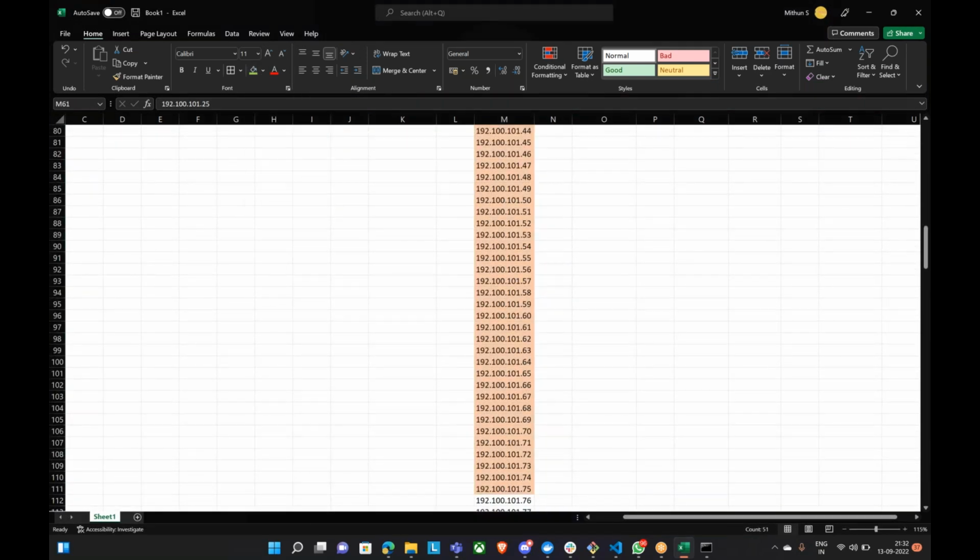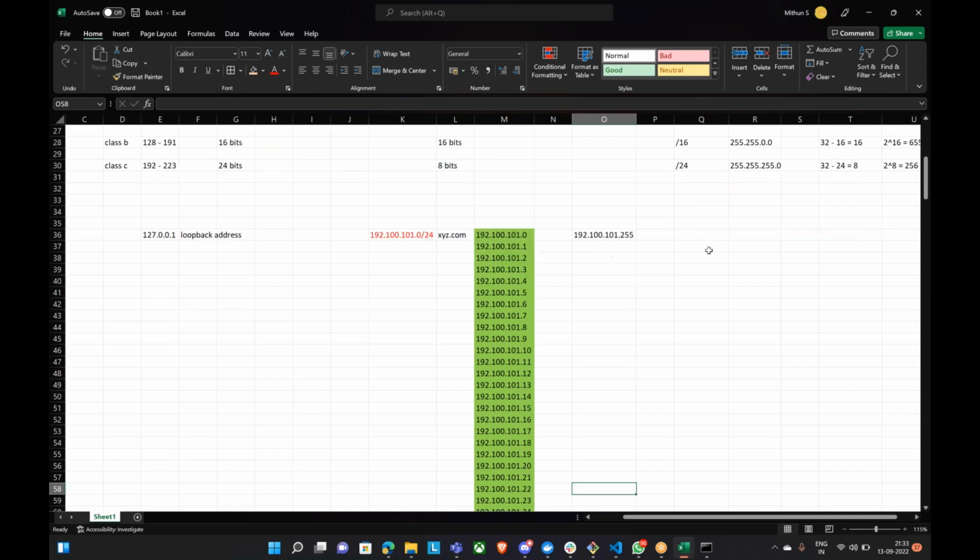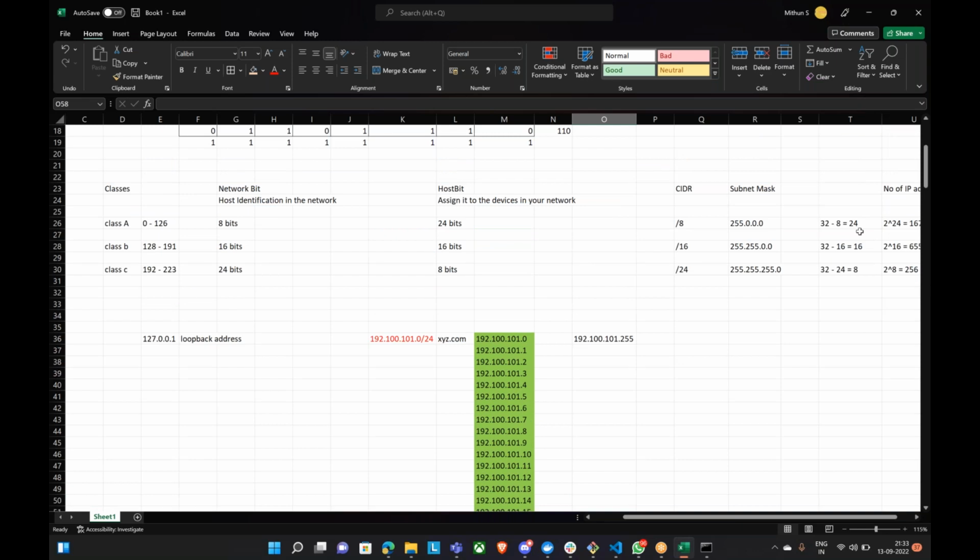There is a formula to do that. In that way, if you divide, it becomes very easy to manage, right? So that is why there was a need for subnetting.